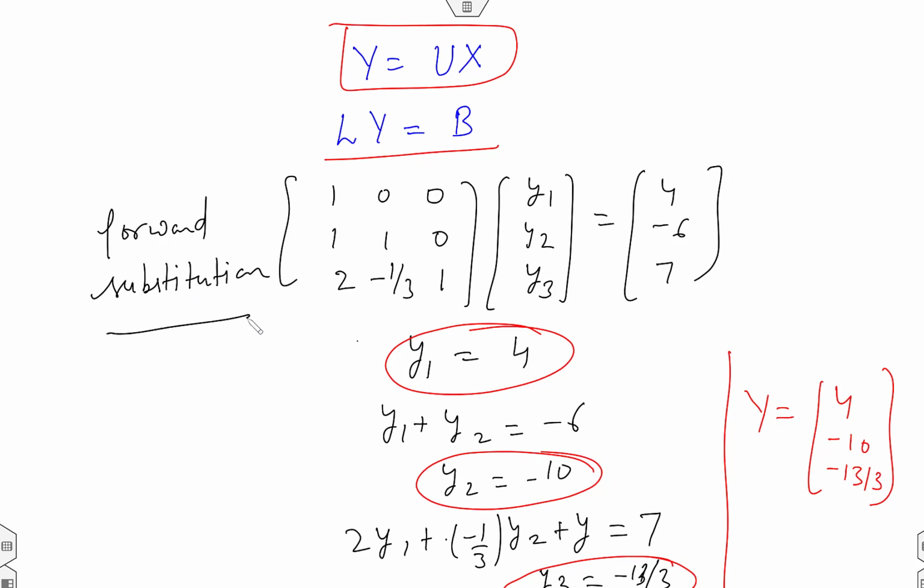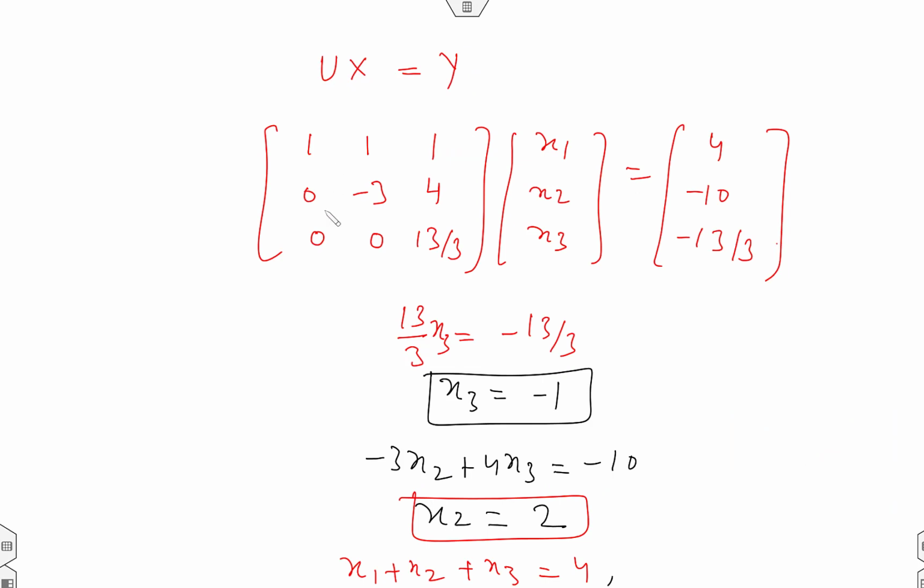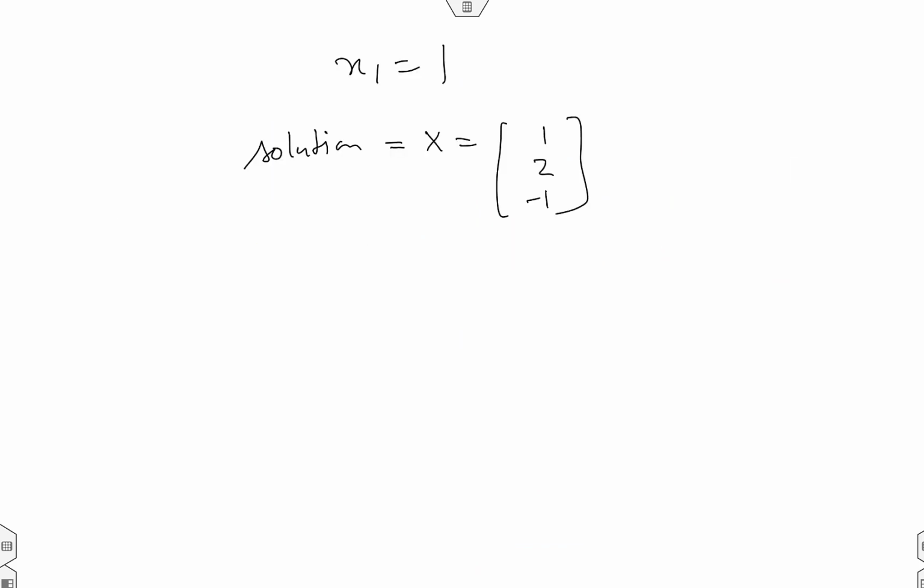After that, you compute x from the back side, so this is called backward substitution. So this is the LU decomposition method that we discussed here.